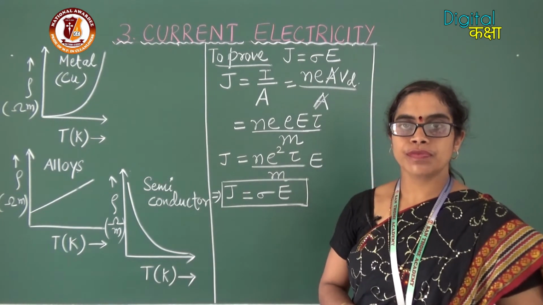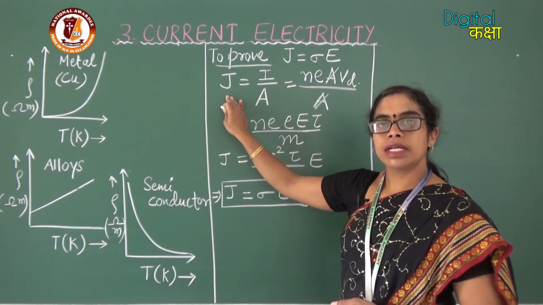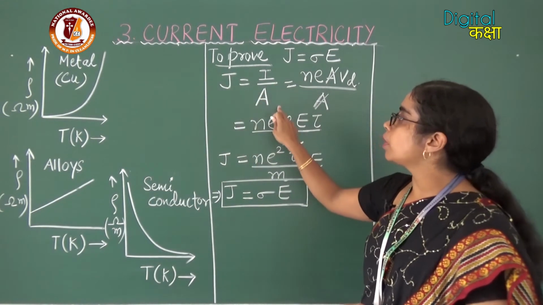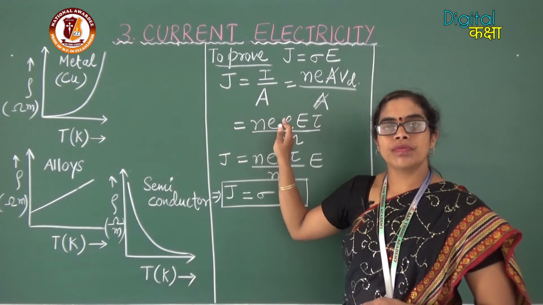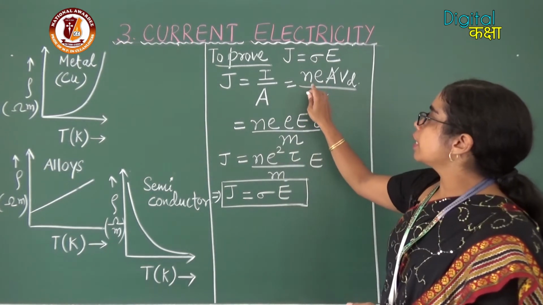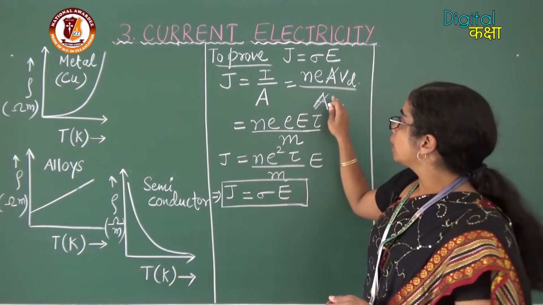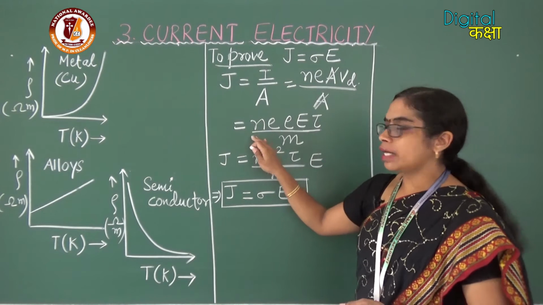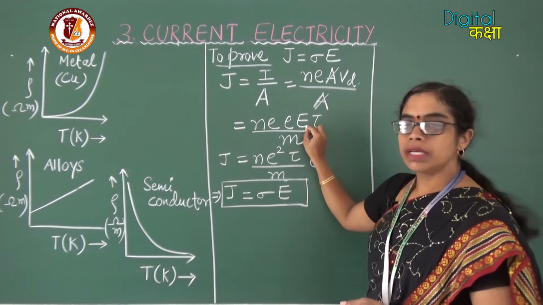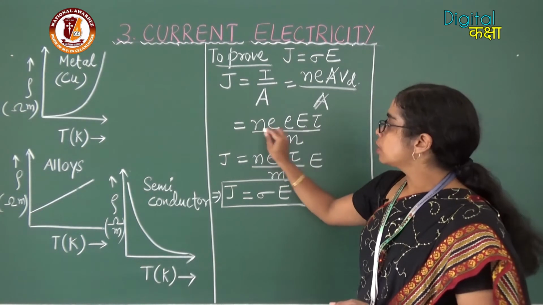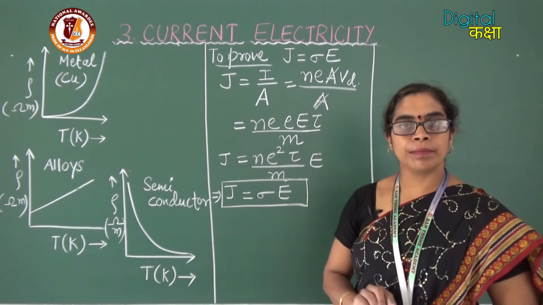For the derivation of this formula, we will start with the known formula of current density, that is J is equal to I upon A. Here the value of I is substituted in terms of the drift velocity, which is written as nEA Vd divided by A. Here A gets cancelled, and in the next step we substitute the value of drift velocity in terms of E, so ne into E tau upon m.